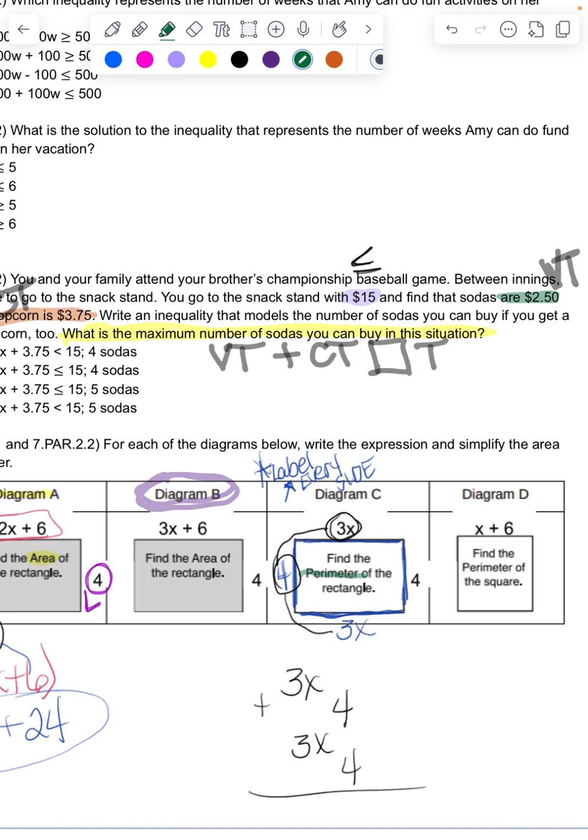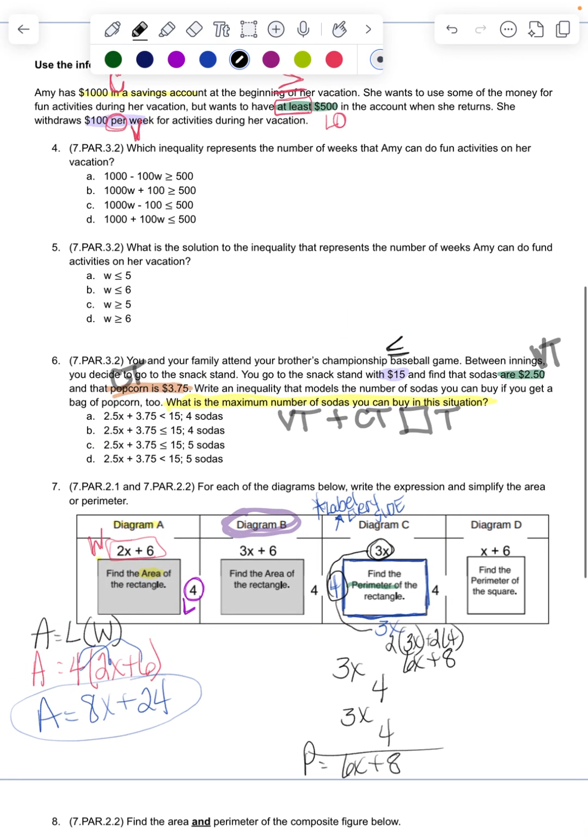So 3x and 3x is 6x, plus 8. And that's the perimeter. This one would have been really easy just to say I've got 3x times 2 plus 4 times 2. You could have done that, which would have given you 6x plus 8. You've got two 3x's and two 4's, so you could have just multiplied those. Either one of those works, okay?